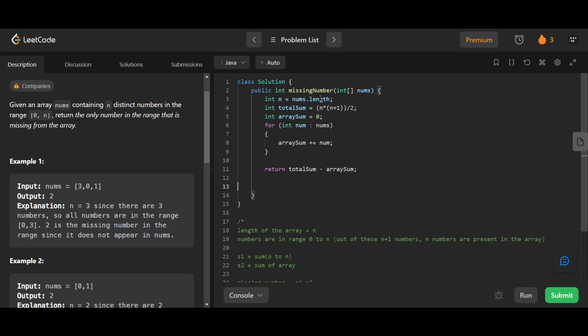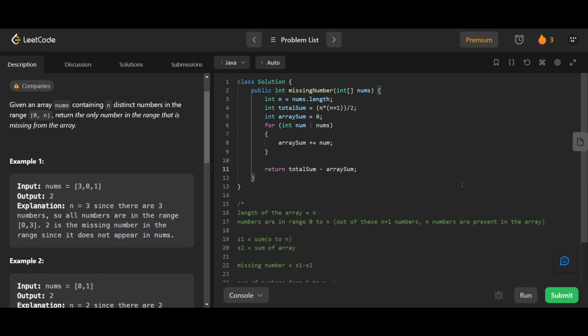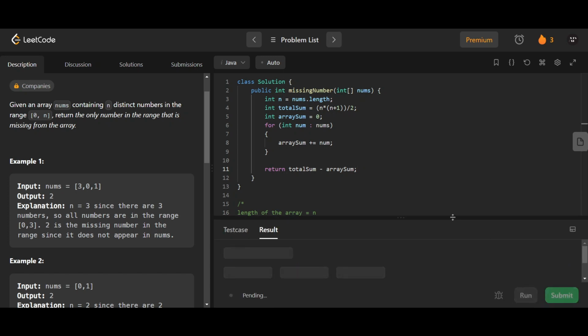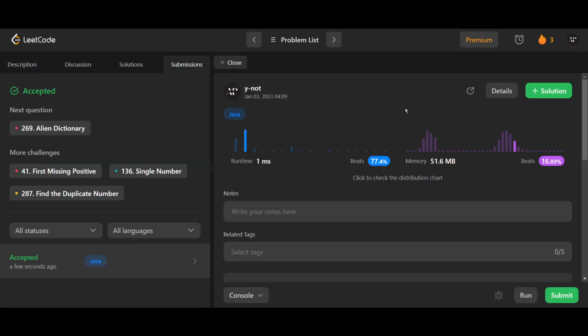If I understood the problem correctly, that's what we are asked. Let's submit and see if this works. And it does seem to work.